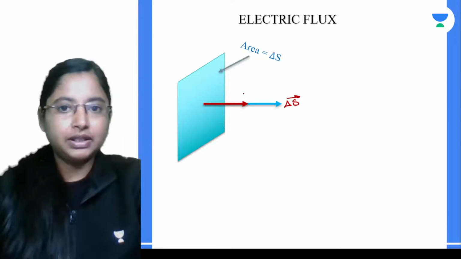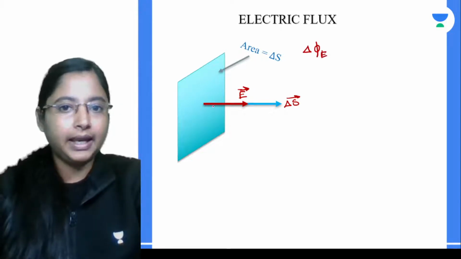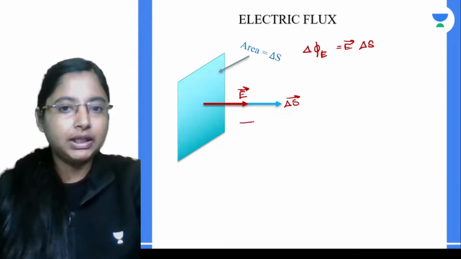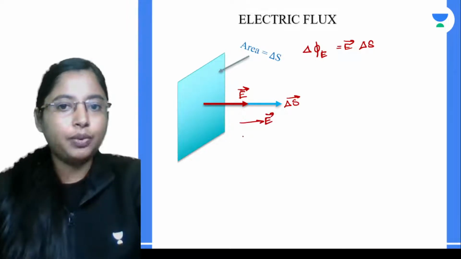Now, the electric flux through this particular area will be nothing but how many electric field lines are passing through the given area.